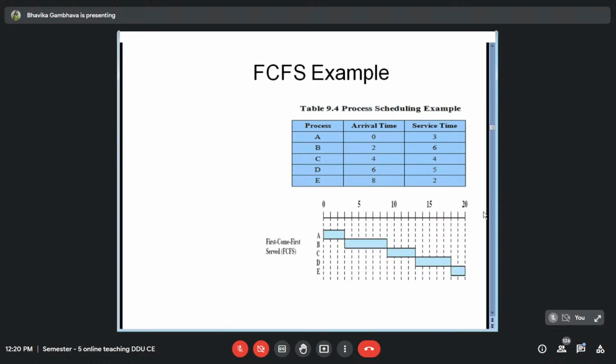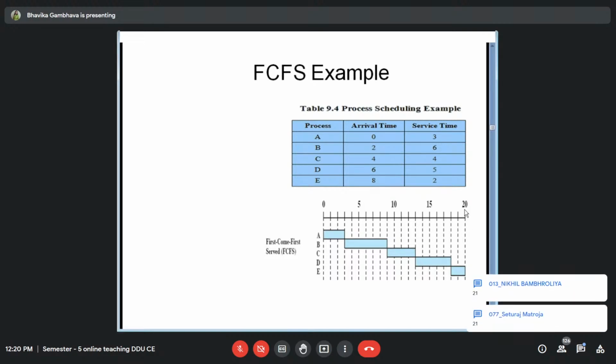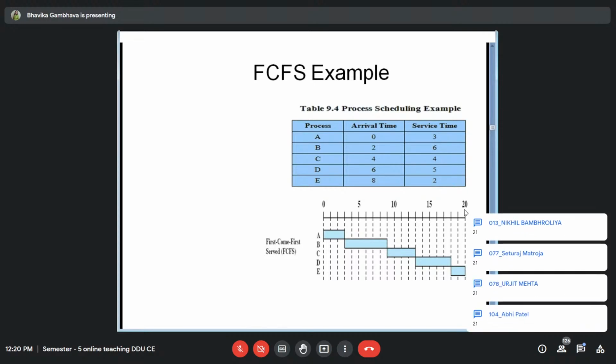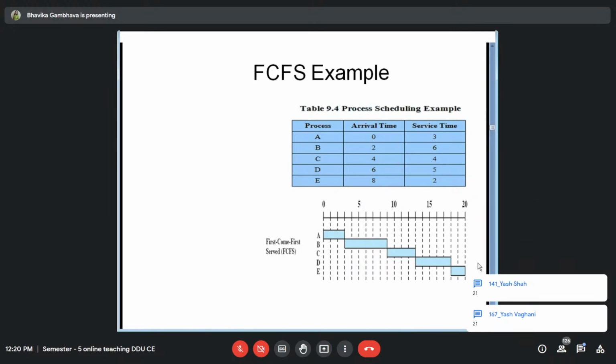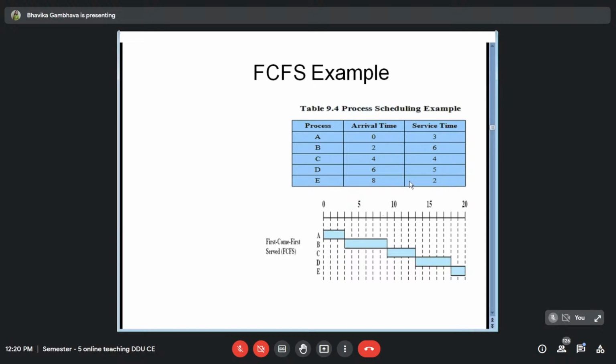Then can you tell me at what point of time all the processes will be completed? 21. True. Then it will be completed at 21. So even though the total service time required by all the processes is 20, here we will complete at 21, because in between the processor was idle for some time, and not because of some other reason, but because of the absence of any available process.